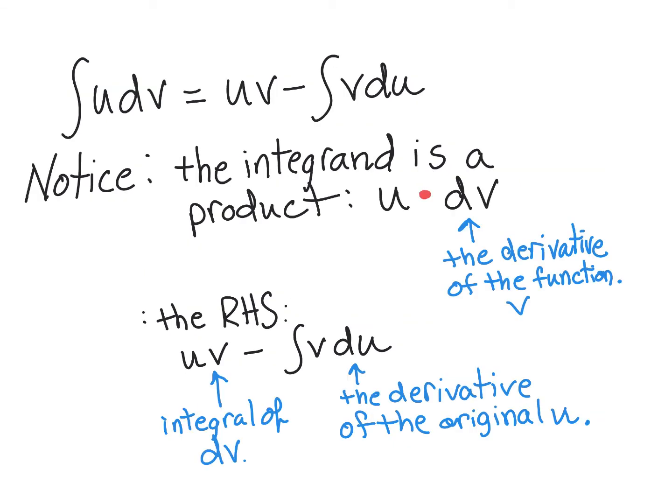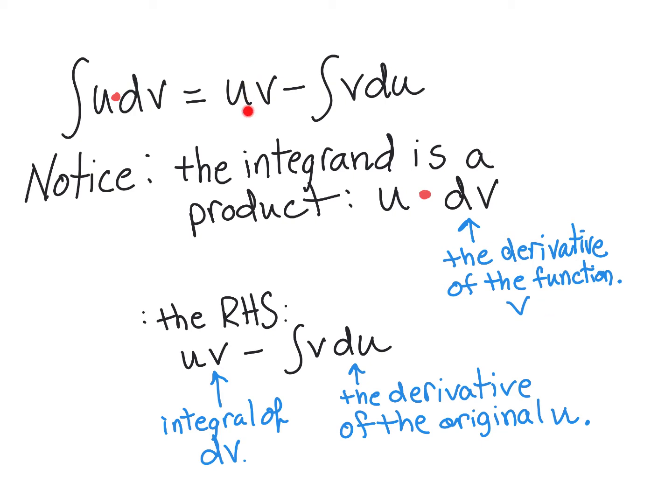Notice that we have a perfect product here. We have u times dv. So what we're going to do is figure out one factor of our integrand to set equal to u, and the rest of the stuff in the problem will be dv. Notice that the integrand is that product. What is dv? dv is the derivative of some function v that was in our original problem.